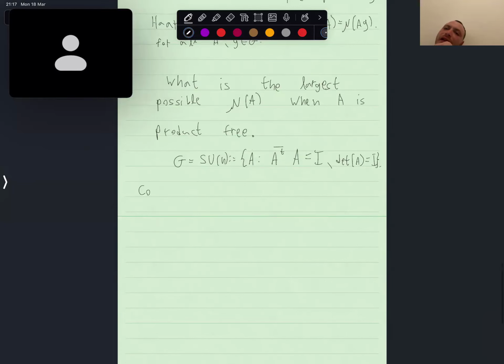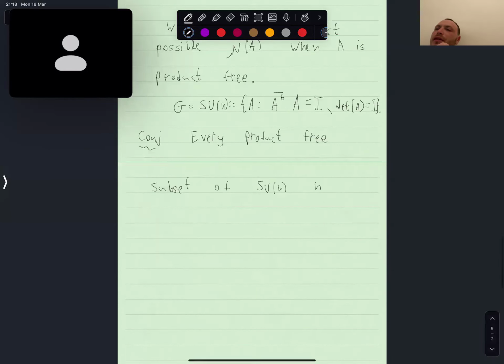Gowers specifically conjectured that every product-free subset of SU(n) has measure at most e to the minus Cn.